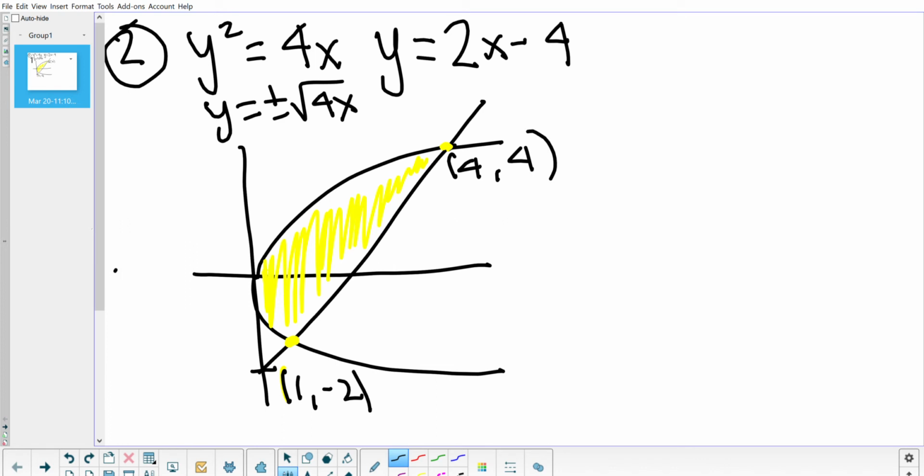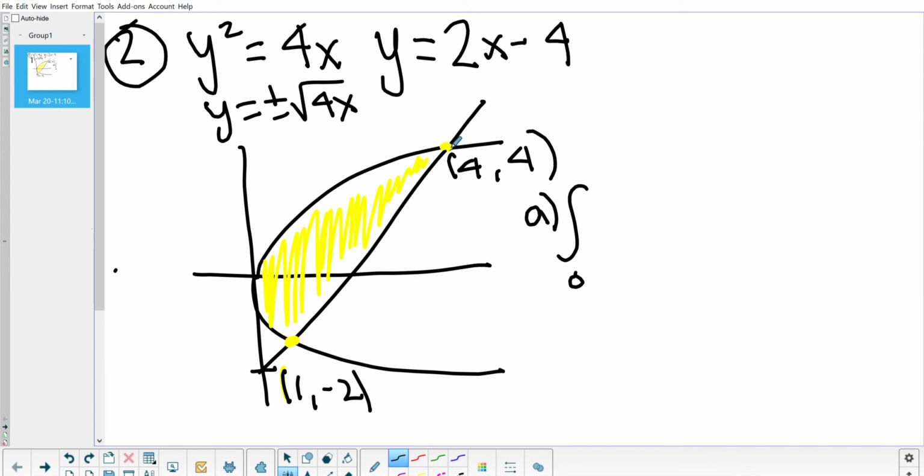So, doing part A in terms of x, the area starts at 0. Okay, but here's the problem. When you start thinking about top curve minus bottom curve, okay, this is from 0 to x equals 4, where this area stretches.